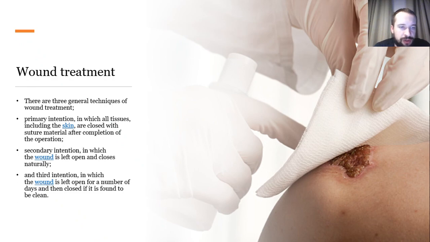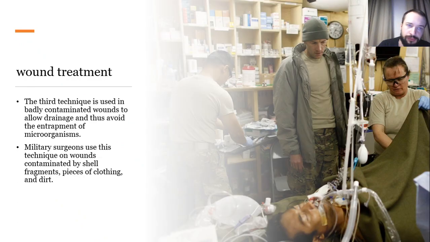And third intention, in which the wound is left open for a number of days and then closed if it is found to be clean. The third technique is used in badly contaminated wounds to allow drainage and thus avoid the entrapment of microorganisms. Military surgeons use this technique on wounds contaminated by shell fragments, pieces of clothing, and dirt.